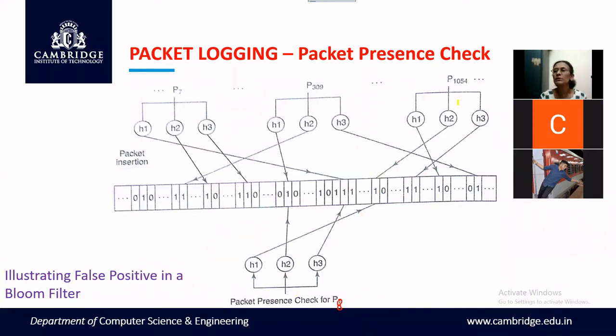H1 value was set because of P1054 packet. H2 value was set because of P309 packet, and H3 value was set because of P7 packet. So because of 3 different packets, the values were set, but it showed as if P8 packet was found here. That is a false positive. That is the problem with this. But you will never get a false negative value.